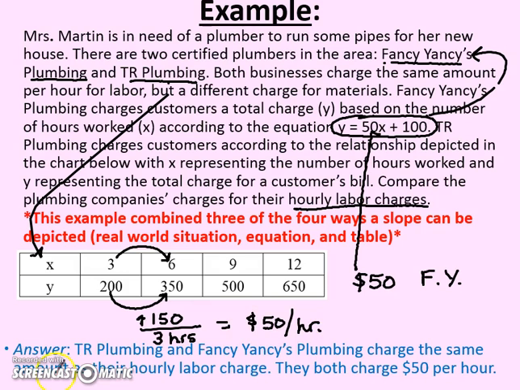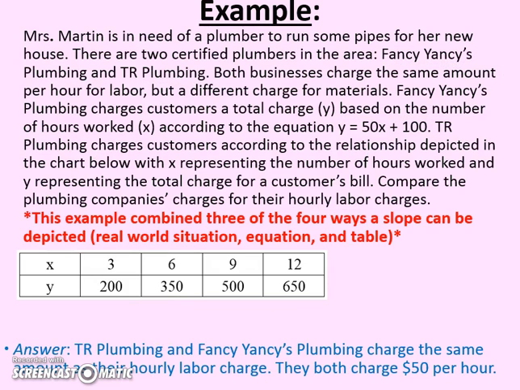So you can see our answer is TR Plumbing and Fancy Yancey's Plumbing charge the same amount as their hourly labor charge. They both charge $50 per hour. We got the 50 from the coefficient of x, and we got the 50 by taking how much the y increases divided by how much the x increases.